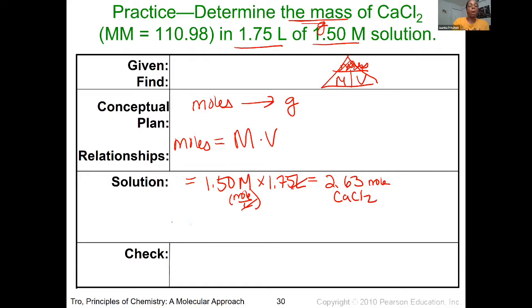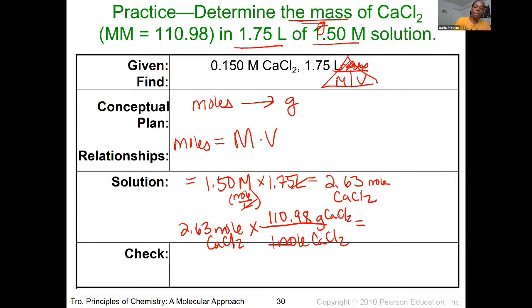And then from our mole amount, 2.63 moles of calcium chloride, we can now get our mass by using the molar mass. So 1 mole on the bottom of calcium chloride and 110.98 grams of calcium chloride on the top.